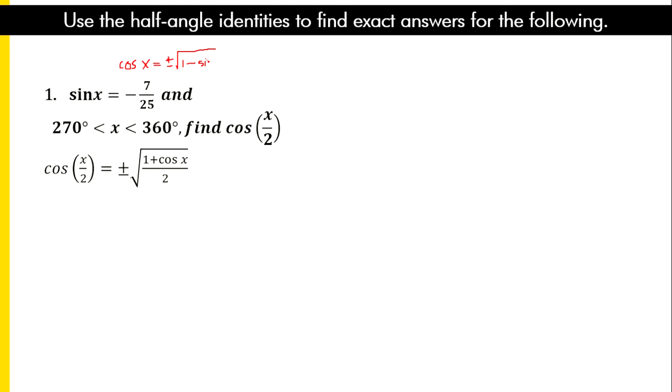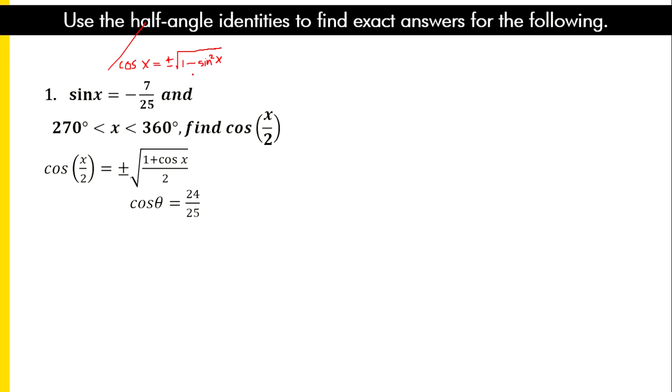This is one of the identities that we derived earlier. Okay, and we can use this in order to obtain the cosine x. Again, you can use the old method of using the right triangle and the Pythagorean theorem, or just simply apply this identity to obtain the cosine x.